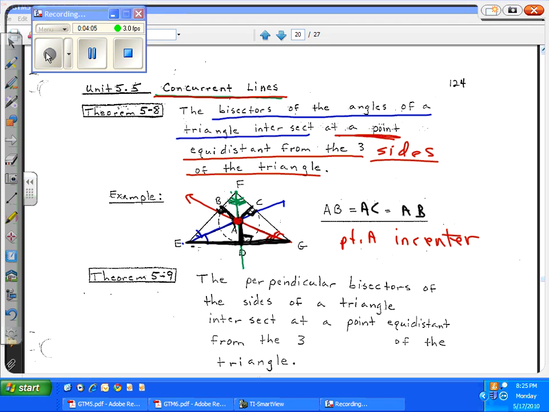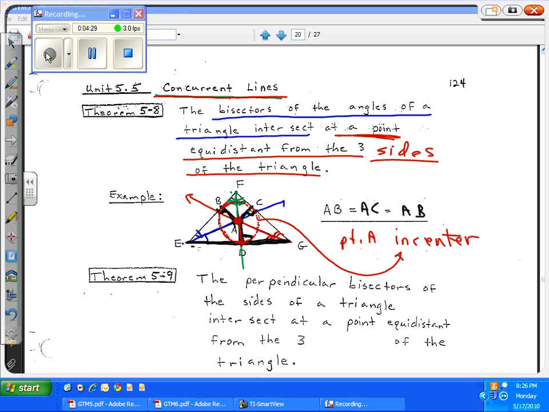If we used that point of concurrency A as the center and one of those distances like AD as the radius, and we opened it up with a compass, then we could actually inscribe a circle inside the triangle.